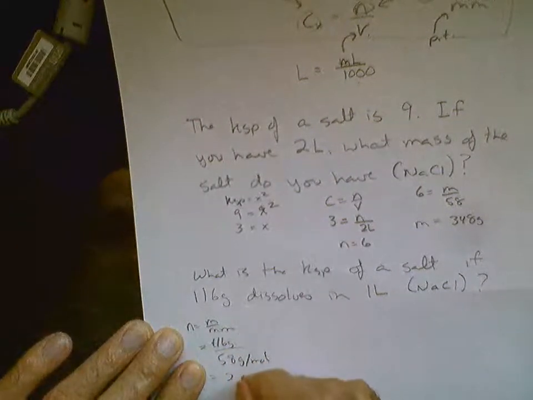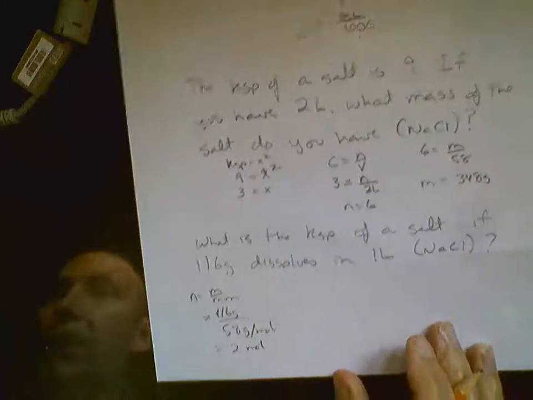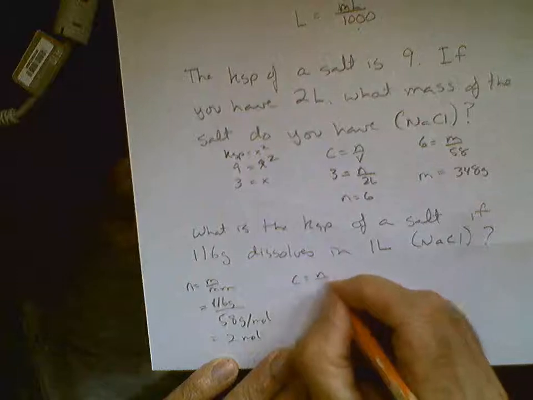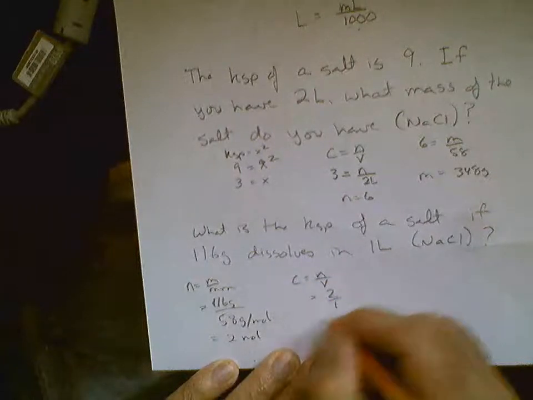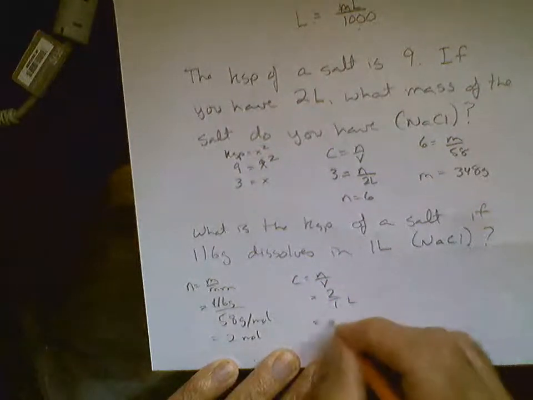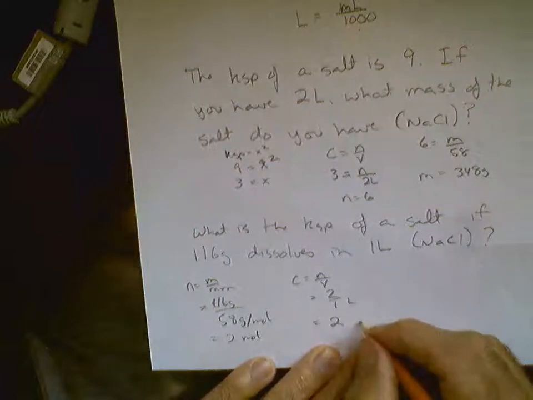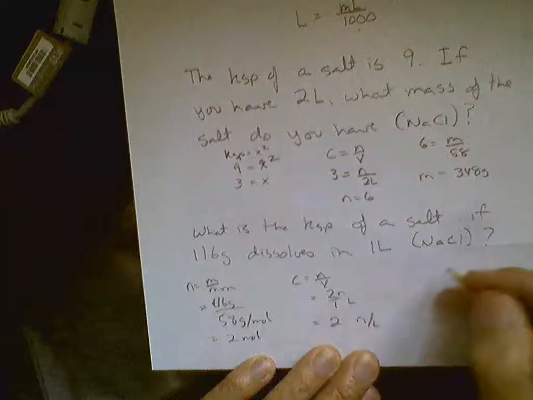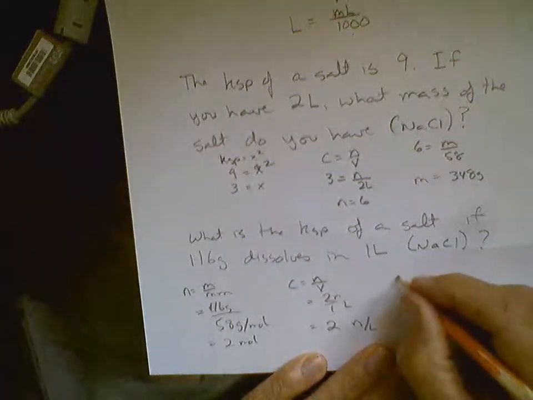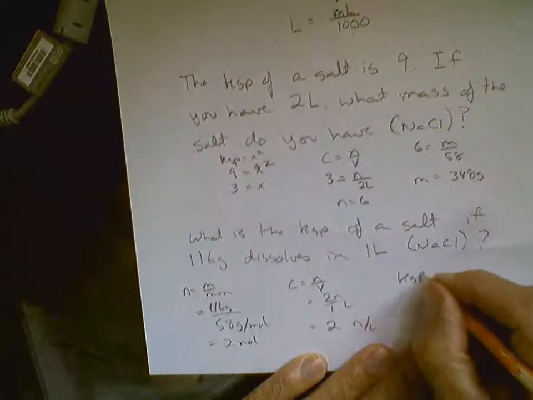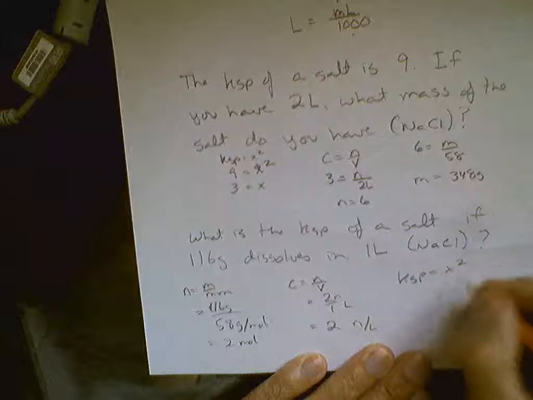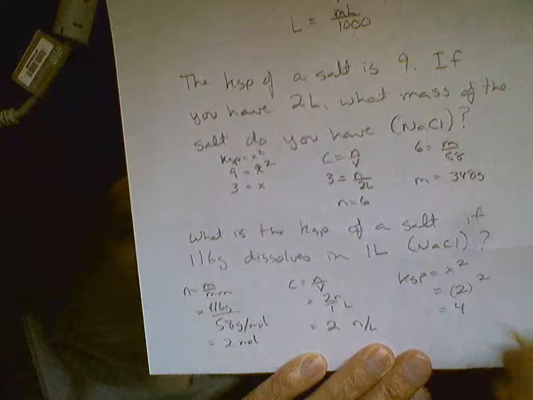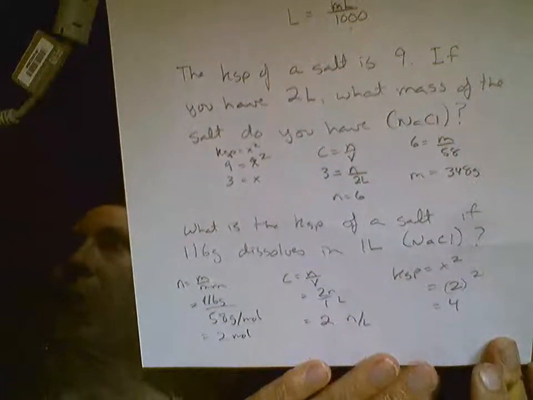So this means that I have 2 moles of the salt. Now I can go to concentration. Concentration is 2 moles per liter. And then I can go to KSP equals x squared. X is 2. That means the KSP is 4.